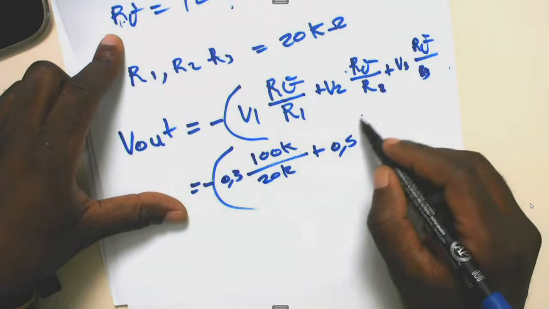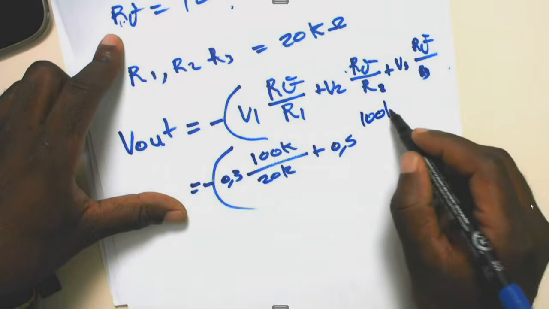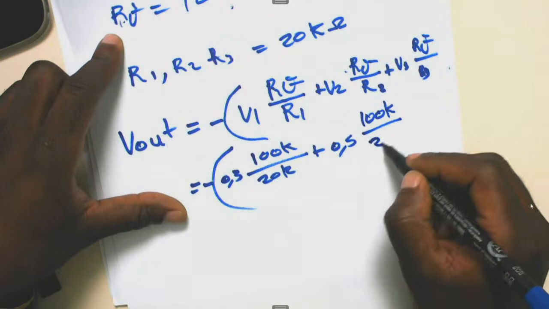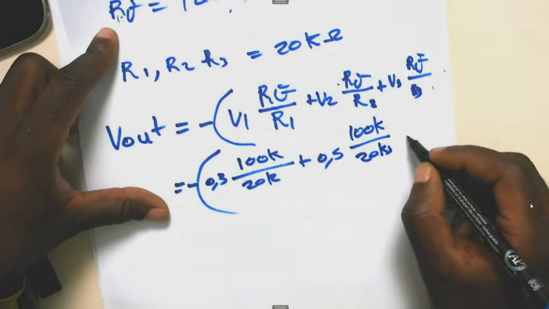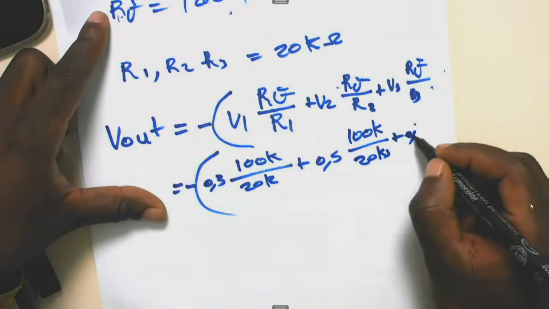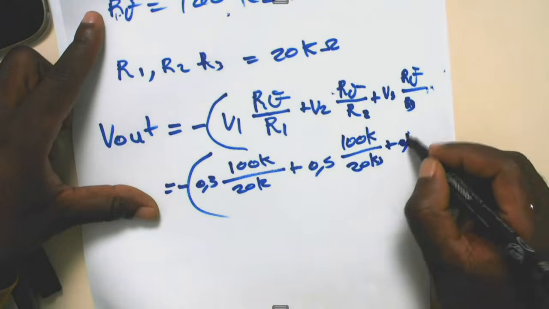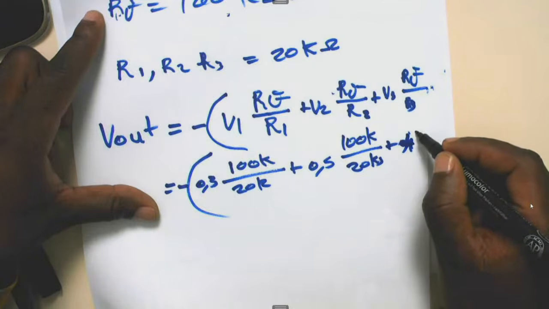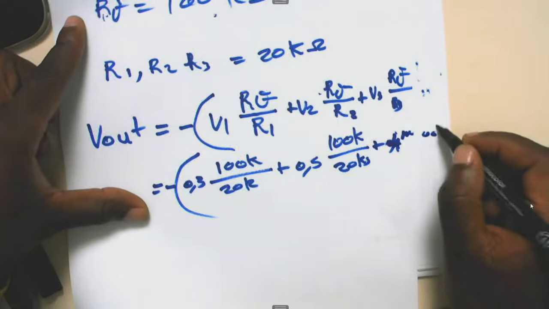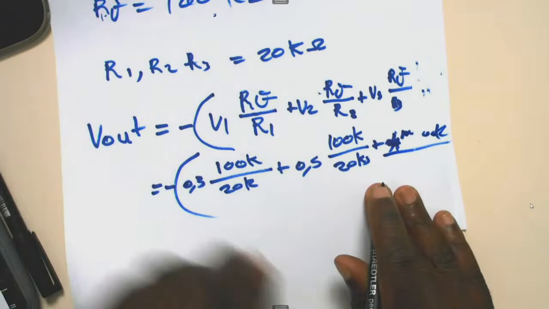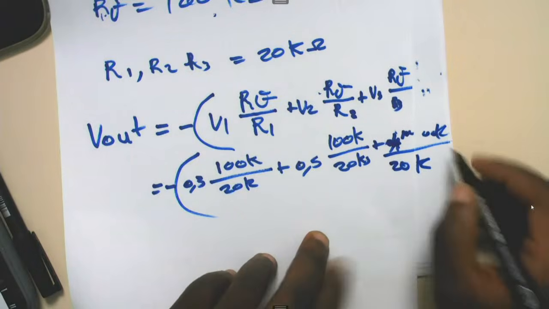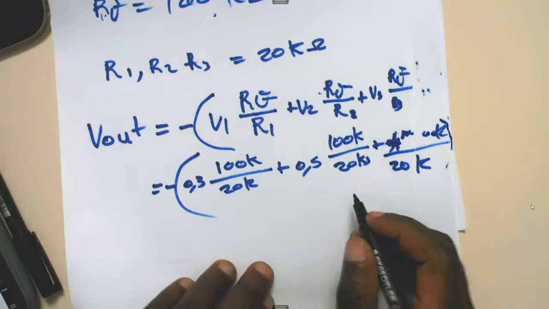Here RF is still the same, it's 100k over R2 is still 20k plus V3 is 0.4. Here will be 0.4 over RF is still 100k over 20k in the brackets. So I ran out of space there.